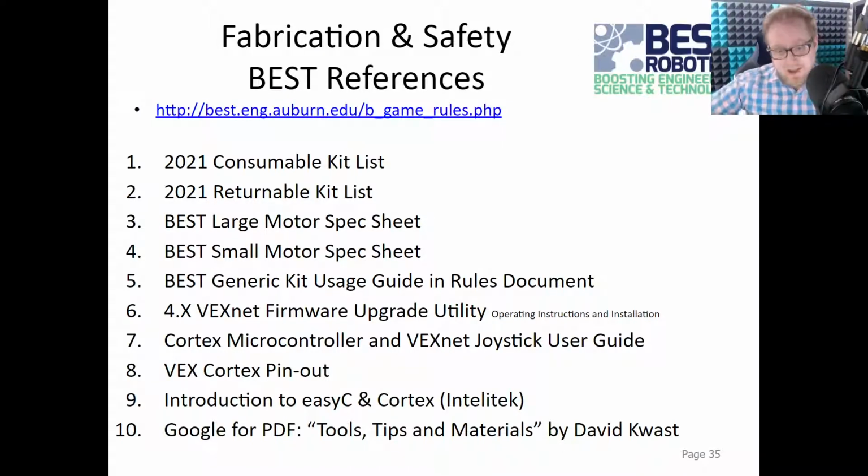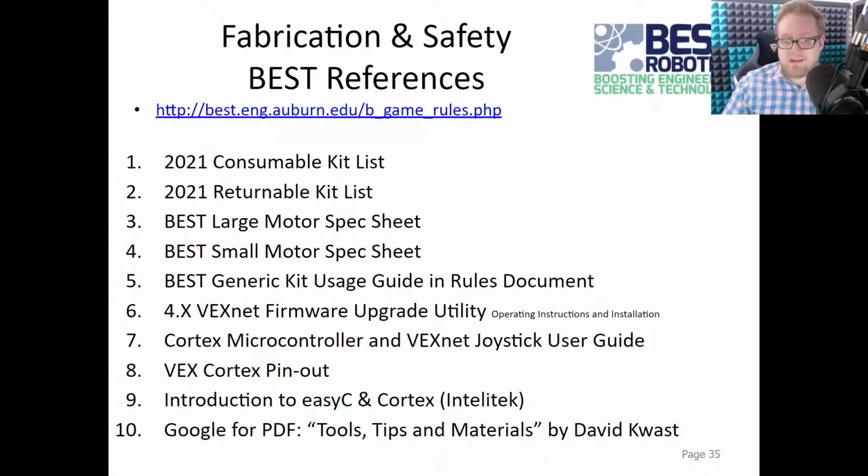Here is a list of a lot of the resources stored at the link you can see above. So you can find a lot of resources relevant to the things that you're working with. There's the consumable kit list, the returnable kit list, spec sheets for all your electrical components, a pinout diagram for the Cortex, a lot of great resources that will help you as you design and build your robot. So make sure that you check this out. And if you are wondering where you can find some of this information, you can find it above.